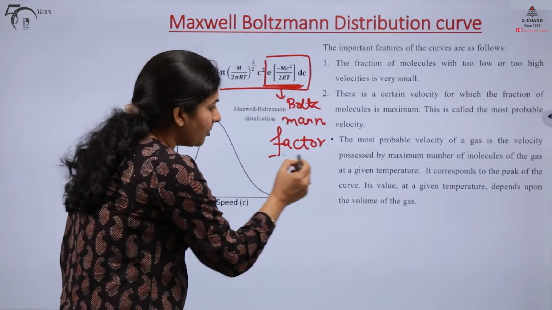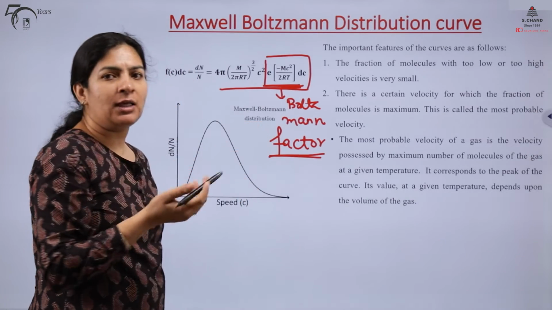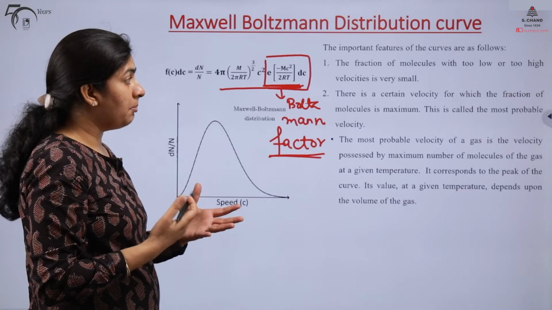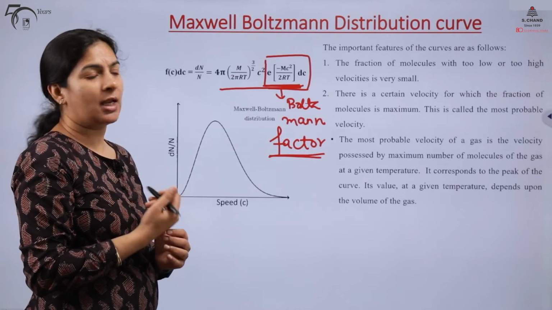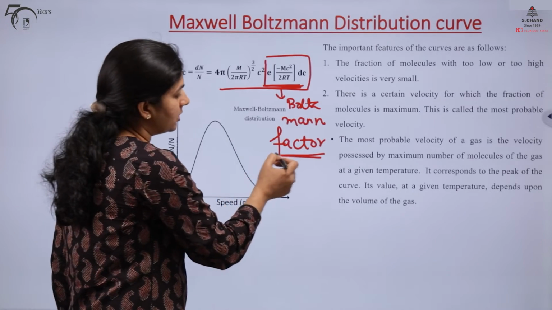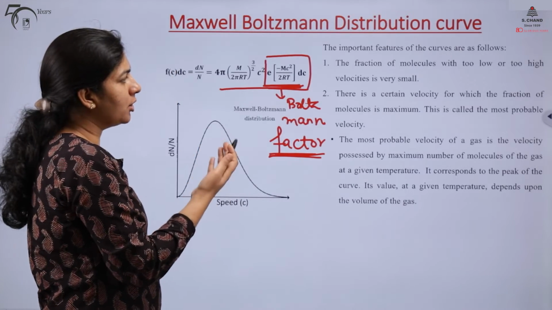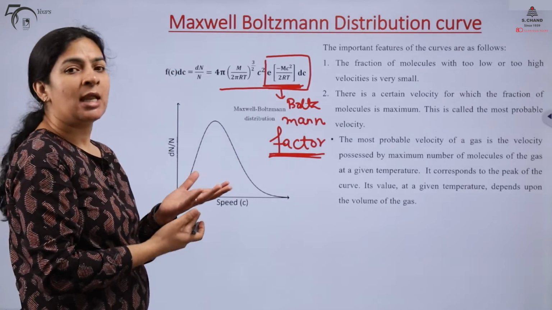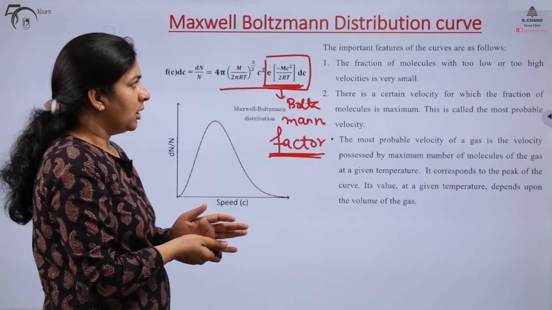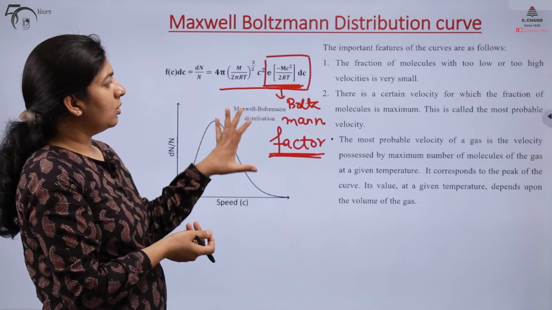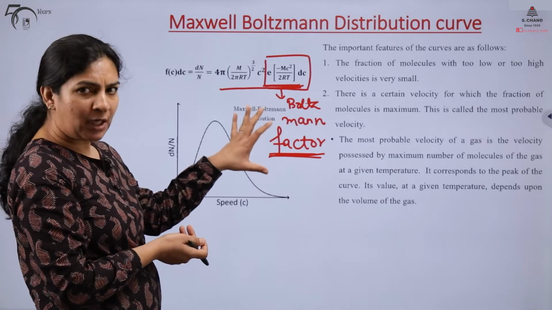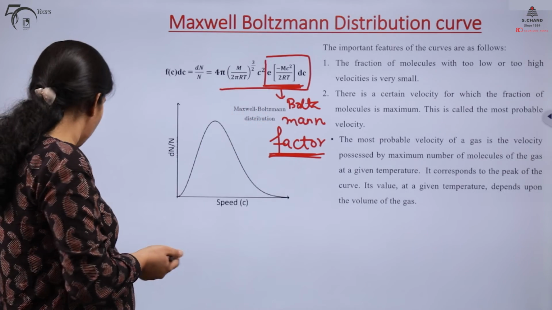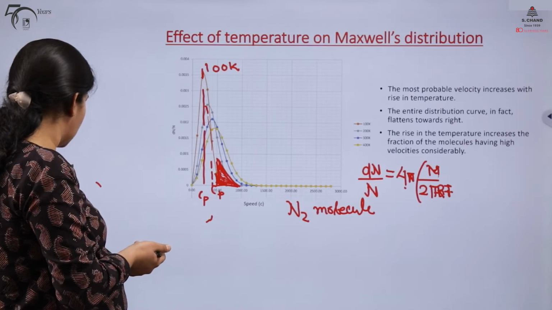This Boltzmann factor plays a very important role in many theories of reaction kinetics as well. It was given in order to understand the distribution of molecular velocities, kinetic energies and so on. So basically this tells us the effect of temperature upon the distribution of molecular velocity.